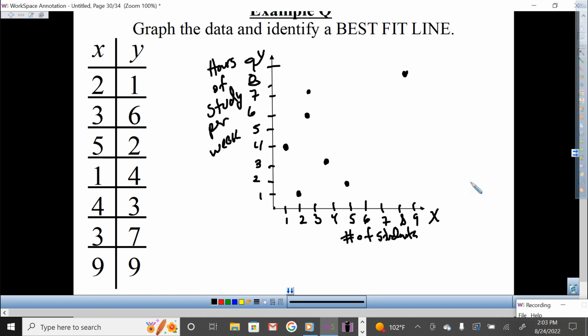So, before we do the best fit line, if I was to ask you to look at that data, what kind of association do you think we have? Talk it over to your neighbor, let them know what kind of association and why.